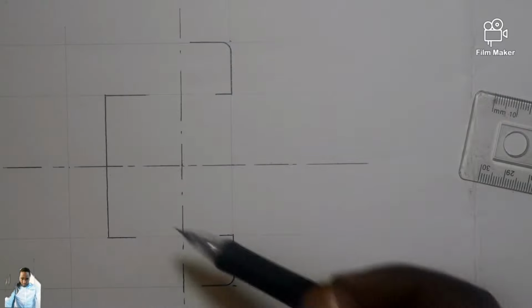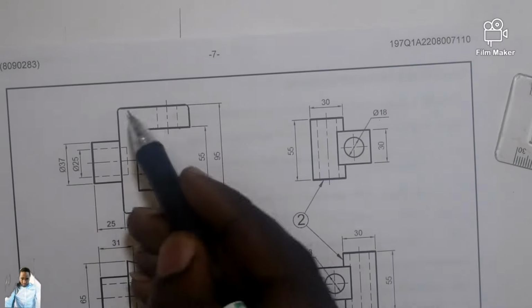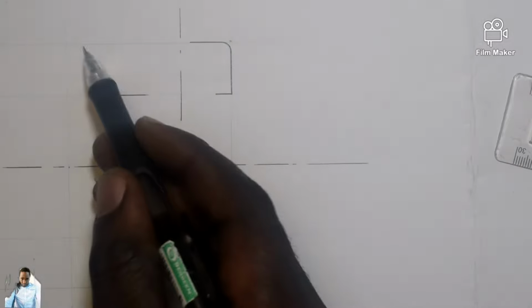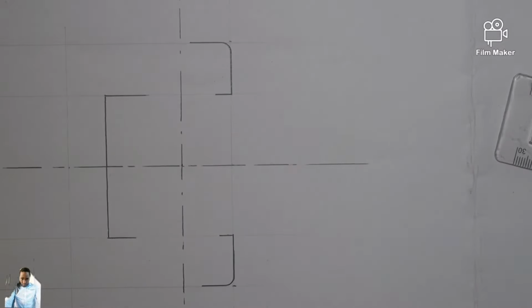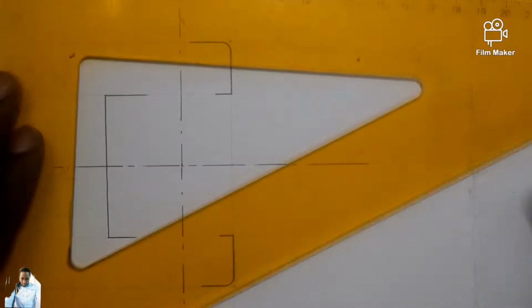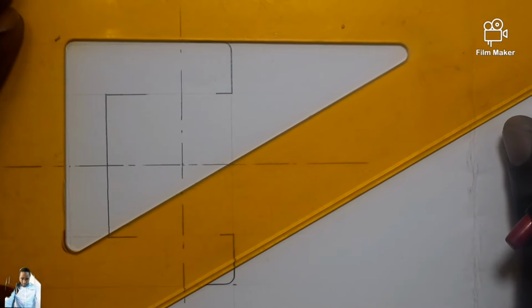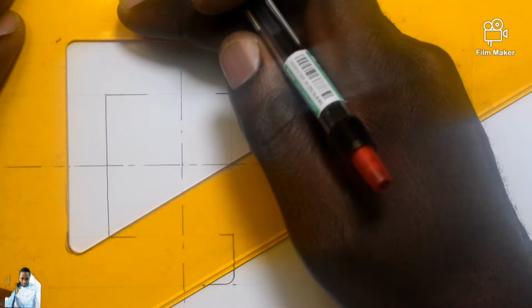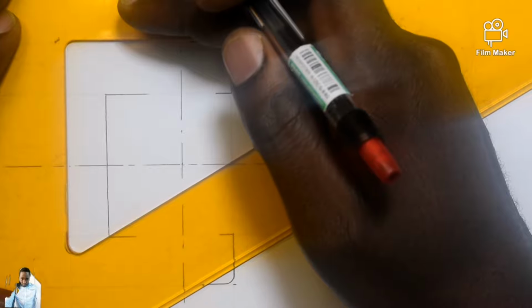So now I can have this. There you go. Wait, somewhere here and somewhere there. Let's get it. Go down a little bit. So there you go.